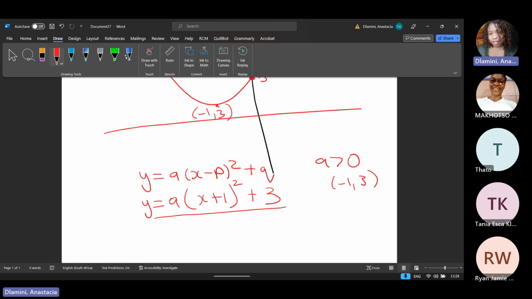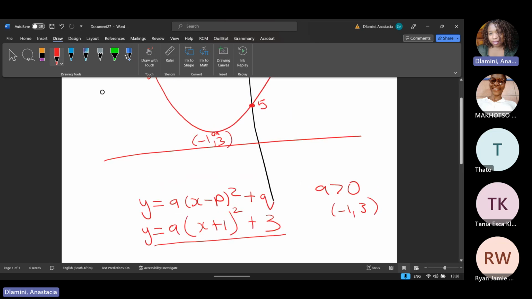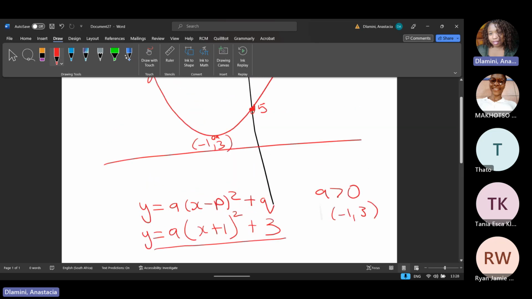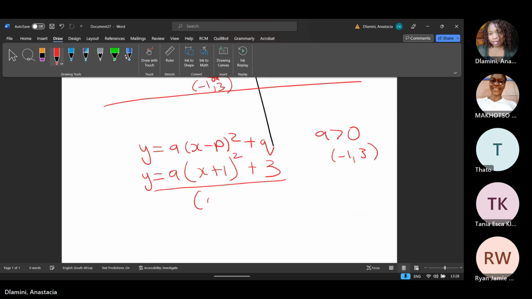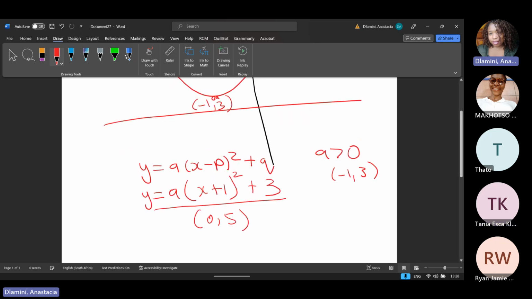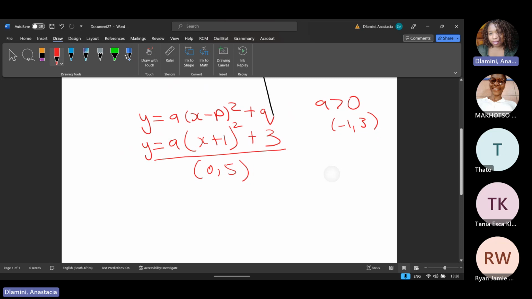It means a is some form of a constant. Now, for us to find this a, we have used this point. We go to the point that is remaining, which is our y-intercept. So our y-intercept in this case is 0 and 5. So we use 0 and 5 to substitute so that we find the value of a. So here our y equals a, x plus 1, squared plus 3.